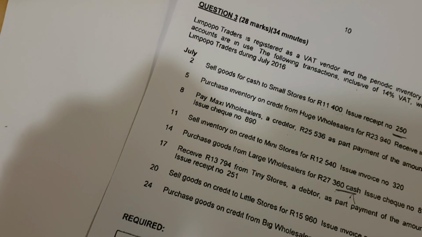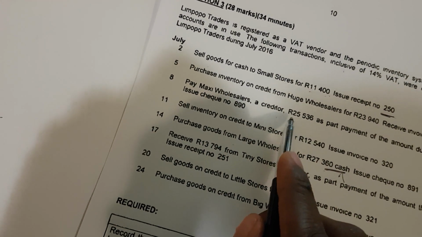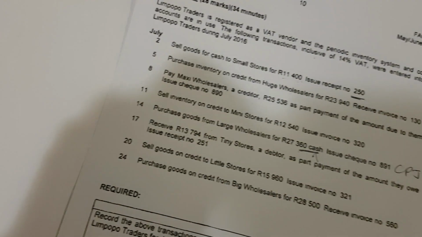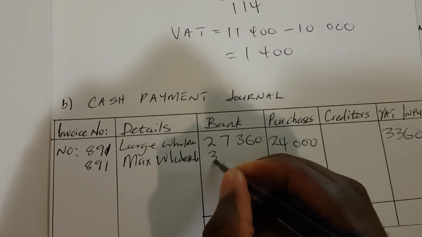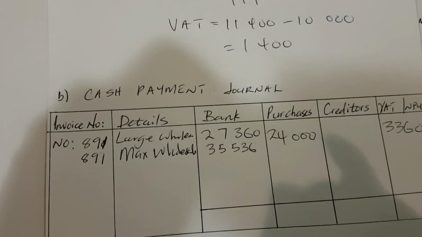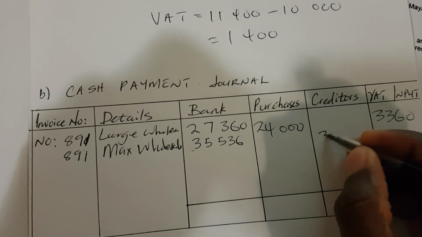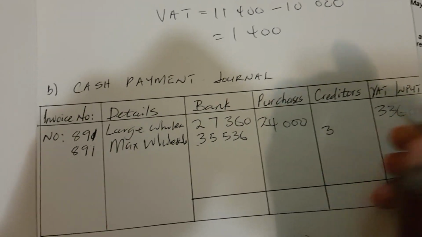How much did we pay? They're saying we paid 25,536, so the bank paid out 25,536.